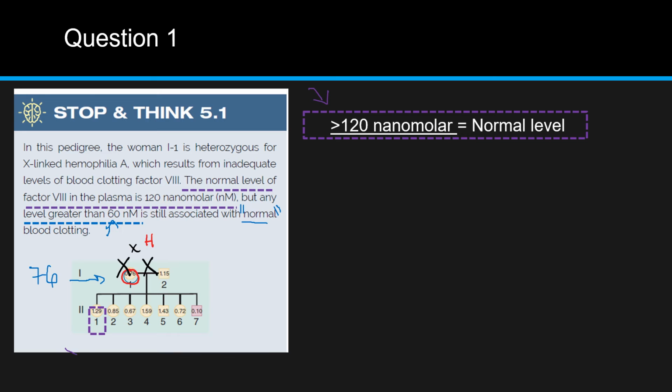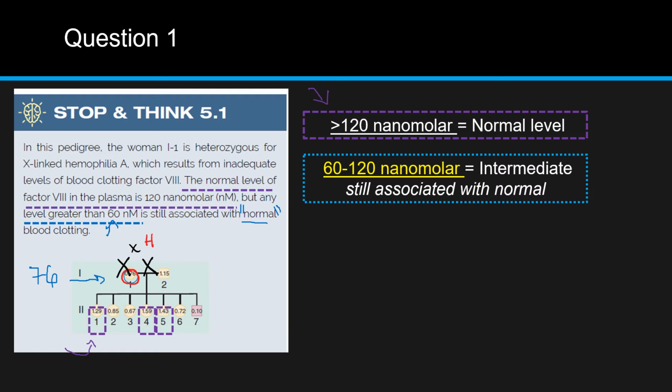So let's continue seeing the purple ones, the ones that are normal, with the higher nanomolar. We definitely have one that is 1.29, you have 4, and we also have 5. But now let's see the ones from the other group, from 60 to 120, that are considered normal, although they have a lower expression. 2 and 3 are from that group, 6 is from this group, and definitely 7 will not be from those two groups.